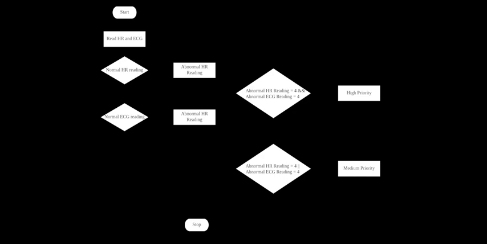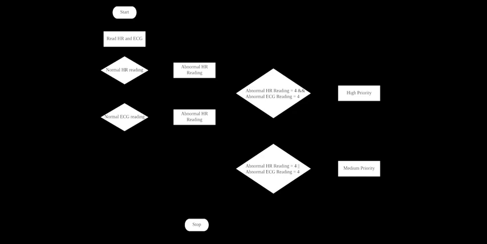If the ECG reading is normal, and both heart rate and ECG are normal, it will stop as a low priority. But if both data are abnormal 4 times, they will be classified as high priority. If only one of the data, let's say only the heart rate of the patient, is abnormal for all 4, but the ECG is normal for the latest 4, their priority will become medium.